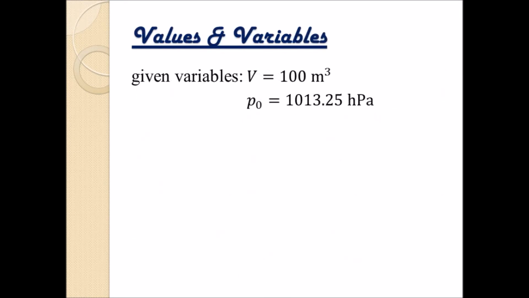So, what values and variables can we take out of the text? We have given the volume of the room as V equals 100 meters cubed and the normal air pressure as P0 equals 1013.25 hectopascal. Now, hectopascal is not the basic unit, and let's be honest, it's easier to do it now.